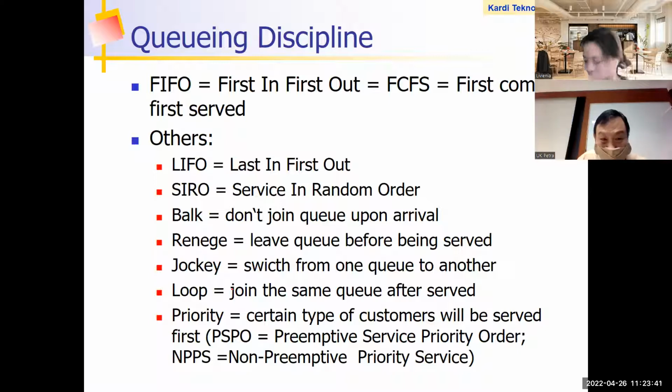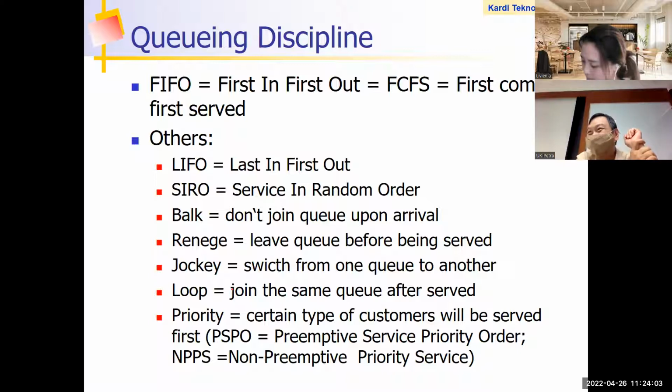Again, the queuing theory that I discuss here is FIFO, except the priority type later on. If you have LIFO, SIRO, balking, renege, jockeying, you need to use simulation. The queuing theory does not work.